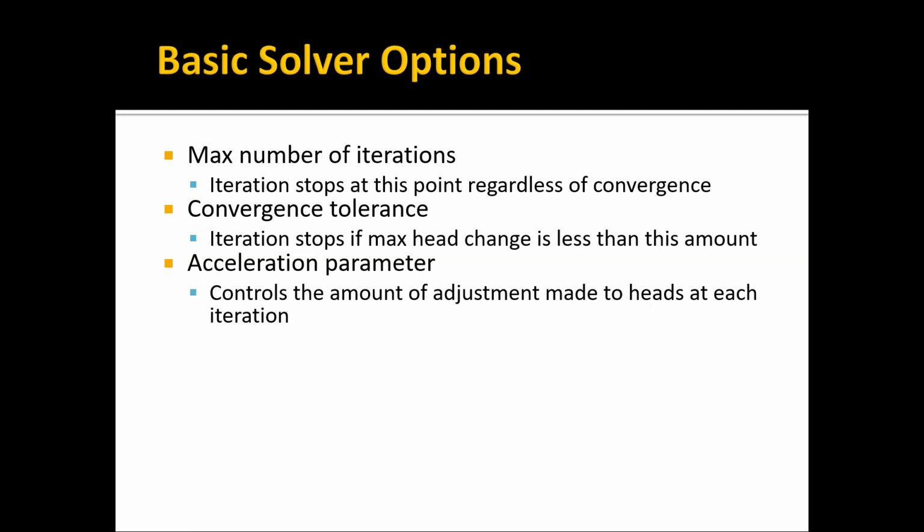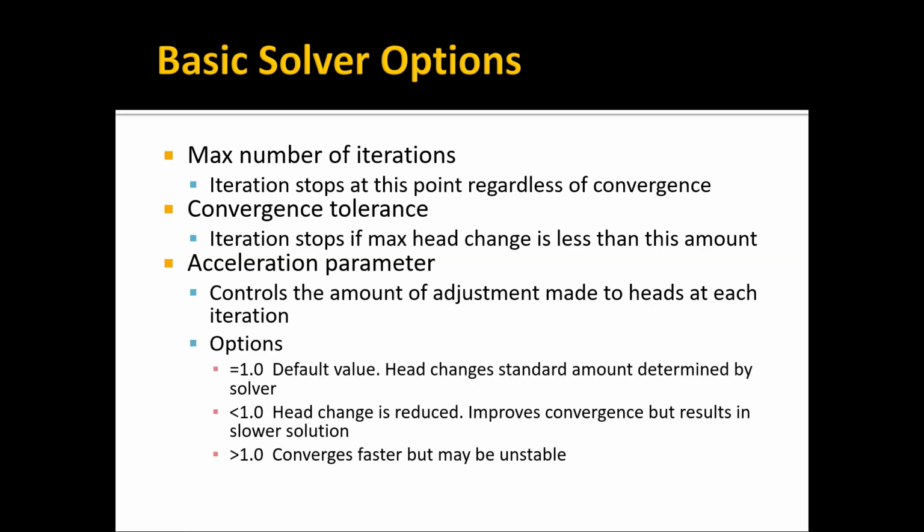It will increase or decrease the head in an attempt to get that cell relative to the adjacent cells to a point where it satisfies the governing equation. So the acceleration parameter, the default value is 1. And what that means is it changes the head by a standard amount that the solver believes is the optimal amount to change it.